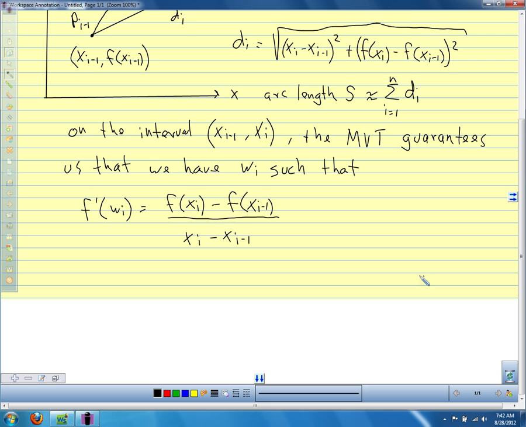And if I rewrite this, I'm just going to multiply both sides by the denominator here, so that f of x sub i minus f of x sub i minus 1 equals f prime of W sub i times our change in our x value.